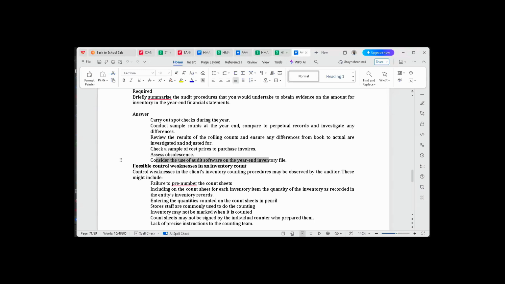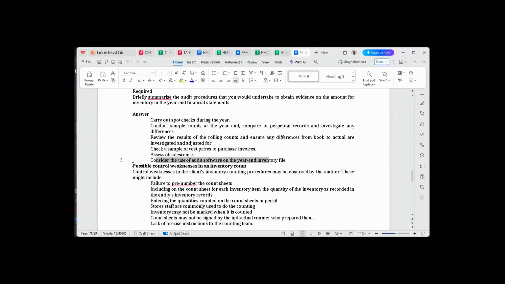Now, what you need to note here is that in the process of performing inventory counts, there is a need to ensure that there are no control weaknesses. Like I said, the essence of the stock count is to validate whatever inventory balance you have in the financial position.